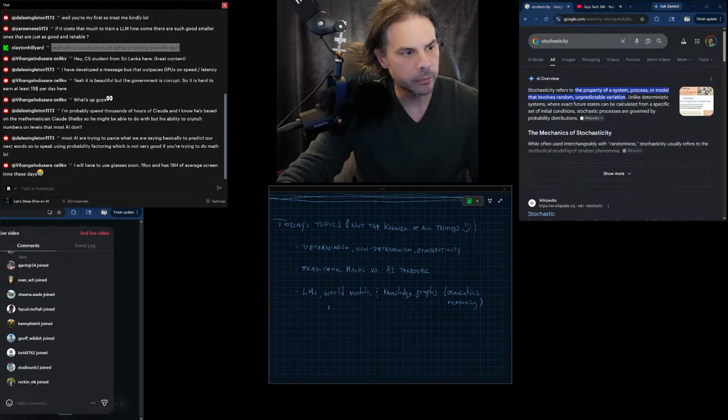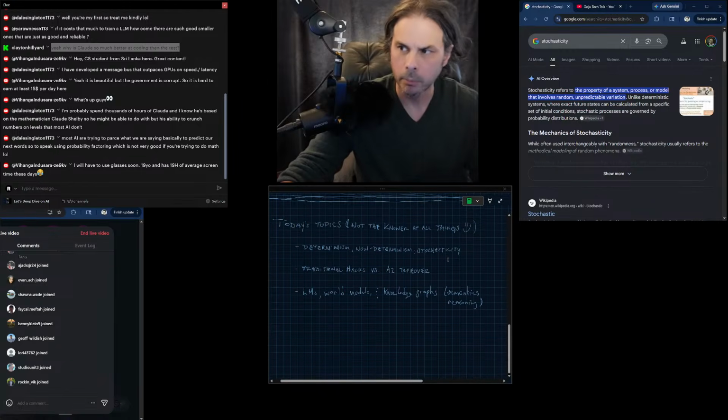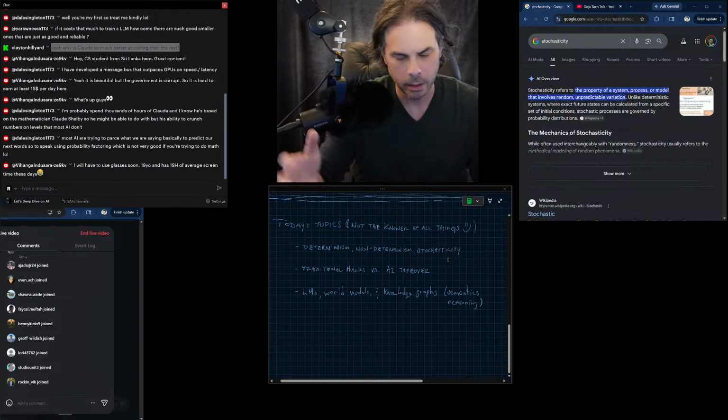The reason for that is I want to try to get at the heart of, one, why traditional hacks and AI takeover are so fundamentally different, and also to help explain what a deterministic system is, what non-determinism is, what stochasticity is, and how they're all different from each other in sort of formal and somewhat rigid terms. And then I'll double back on it and explain it maybe in easier terms.